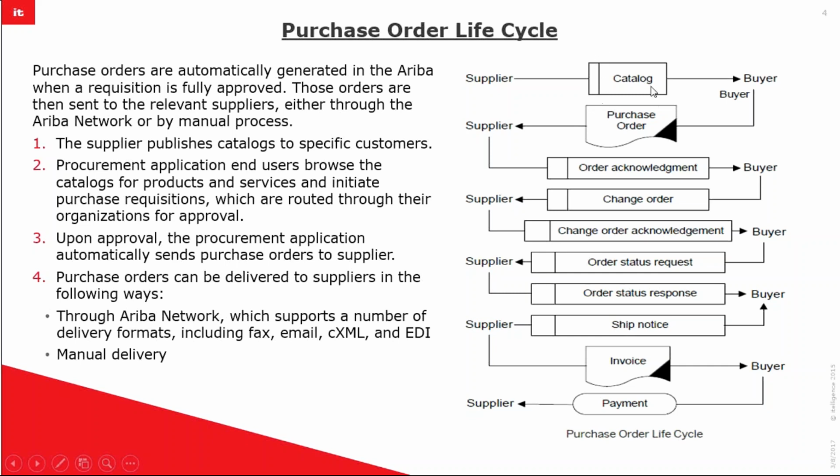From there, a buyer can pull the catalogs into his system by approving those. So catalogs can be of three types. One is a simple catalog, another is a punch-out catalog, and non-catalog items. So you know the difference between these, right? Do you want me to explain?